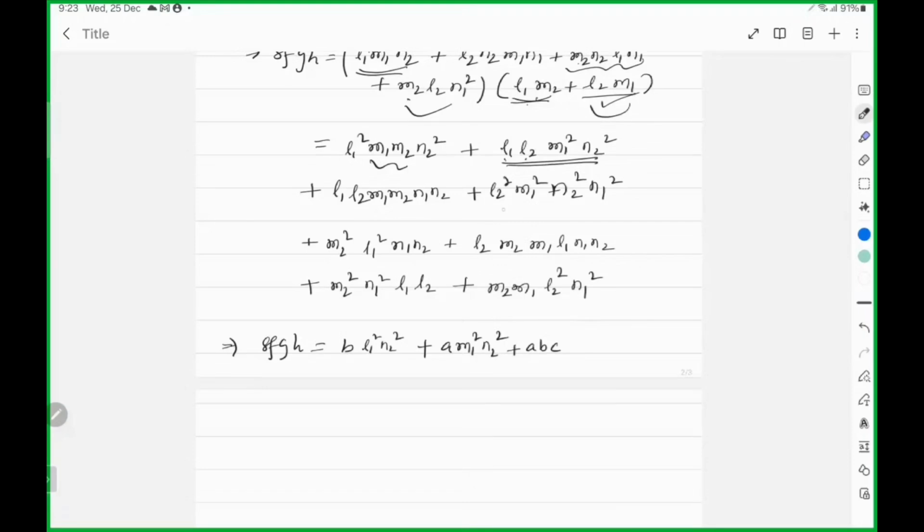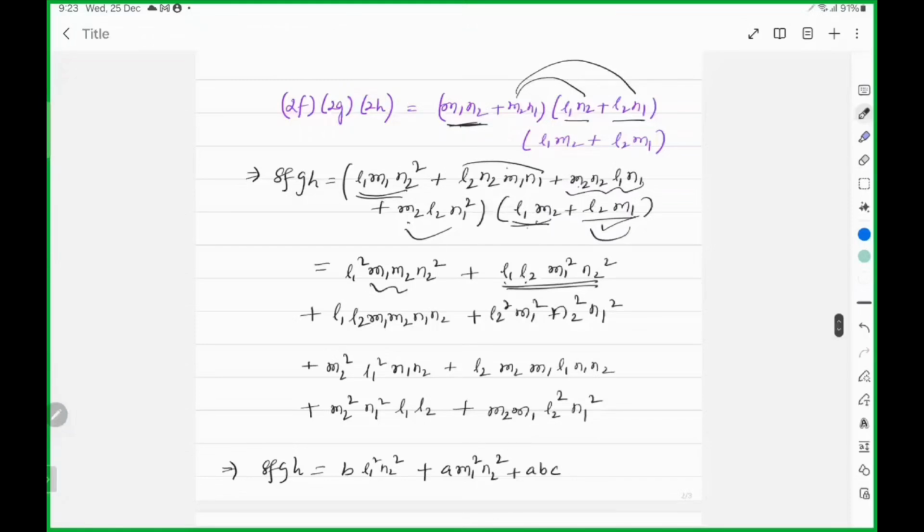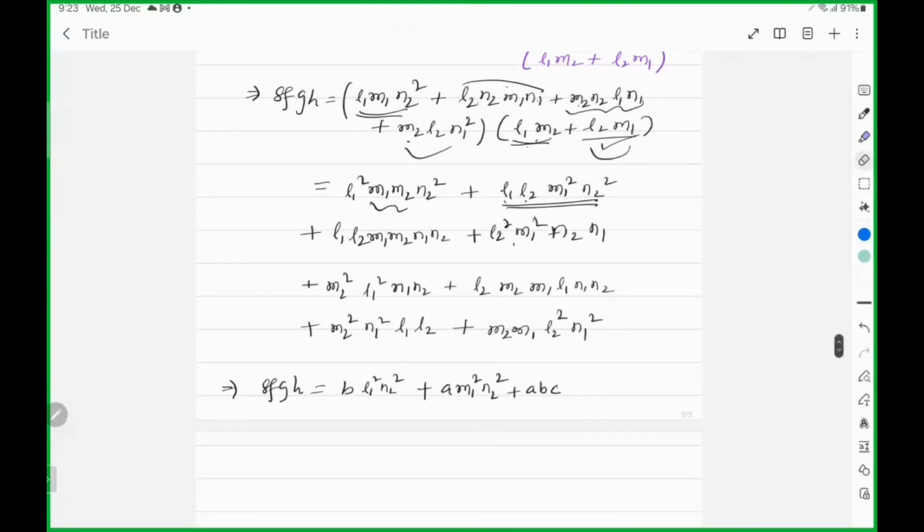The second term is L2²M1²N1N2, that is c into L2²M1². Here N1N2 is c, L1L2 is a, M1M2 is b.